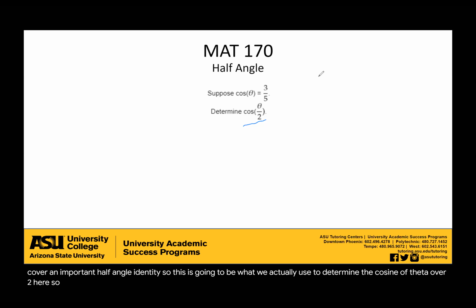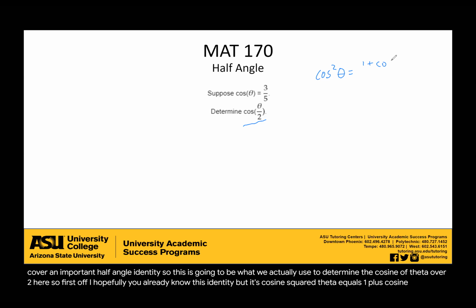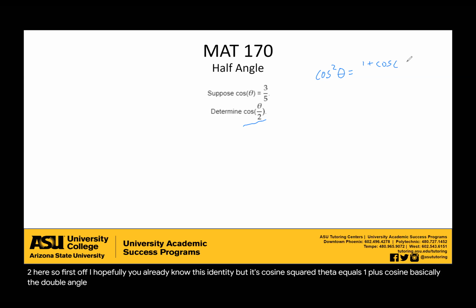Hopefully you already know this identity: cosine squared theta equals 1 plus cosine, basically the double angle of cosine, all over 2.